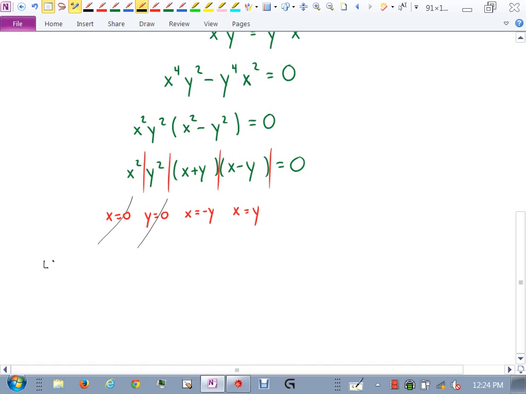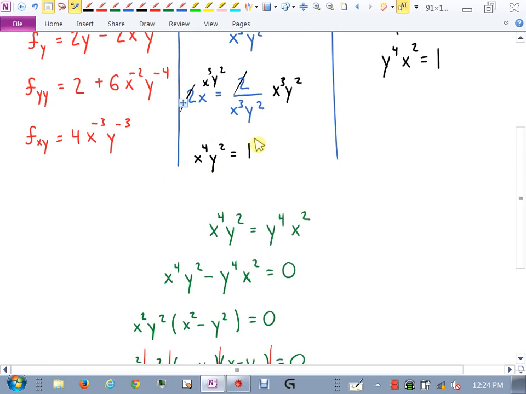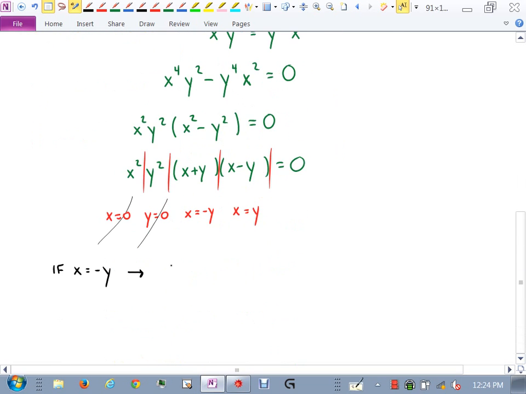So first, if x equals negative y, then I'm using this one right here. X to the fourth y squared equals 1 becomes really what? Let's replace x with negative y. And what would this become?